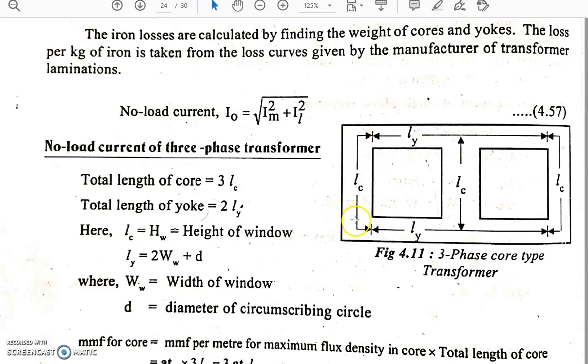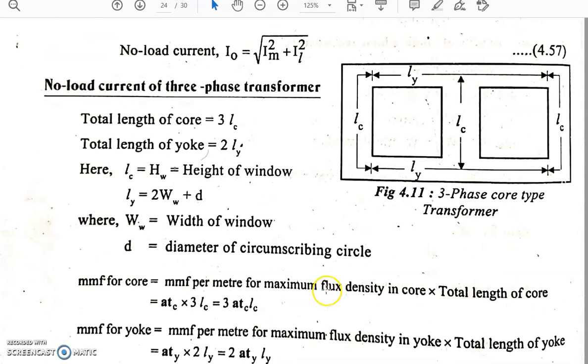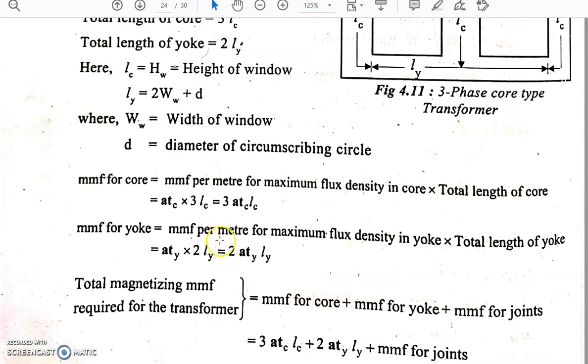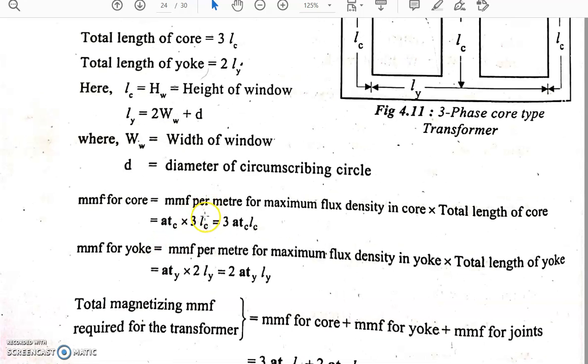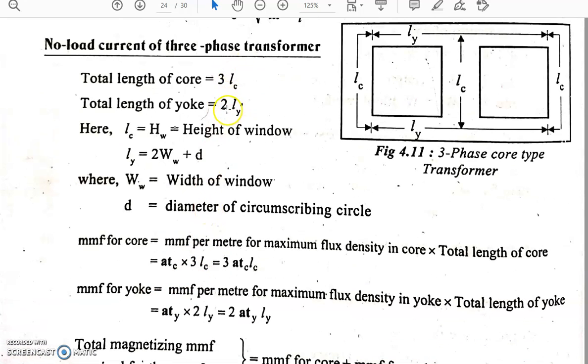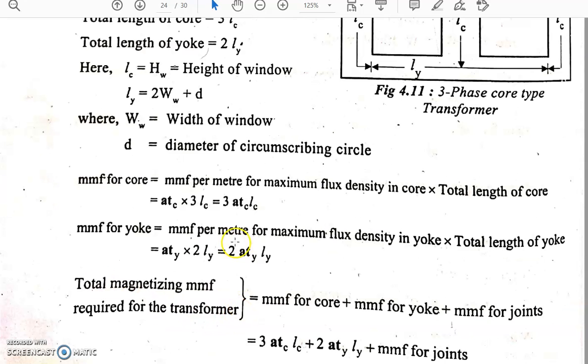So the length of the core and the length of the yoke we have defined in terms of the height of the window and the width of the window also. Then we will be calculating MMF for the core and MMF for the yoke, and actually the total length of the core is 3 times LC, and the length of the yoke is 2 times LY. So here it is 3 times LC for the core and 2 times LY for the yoke.